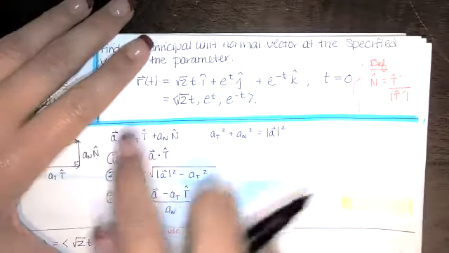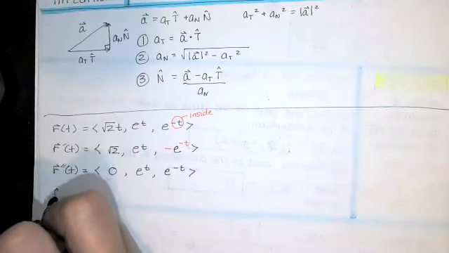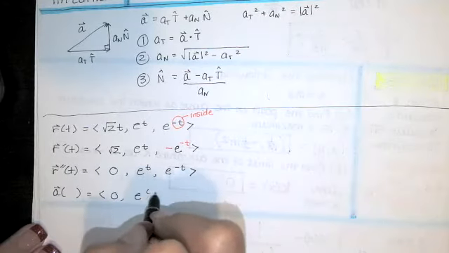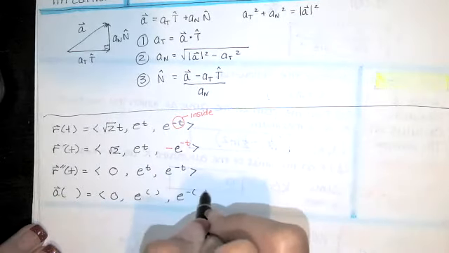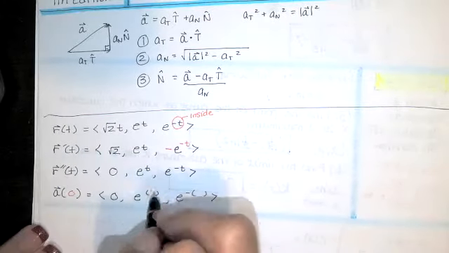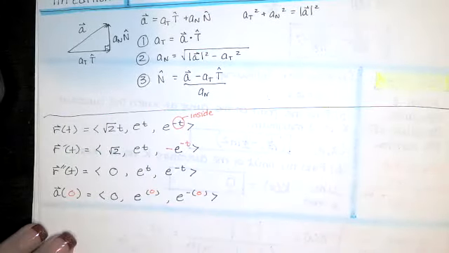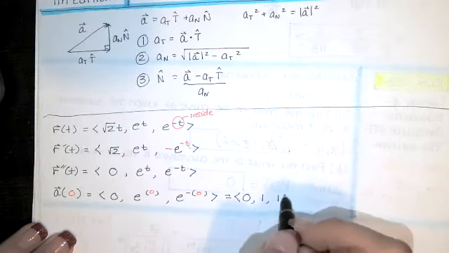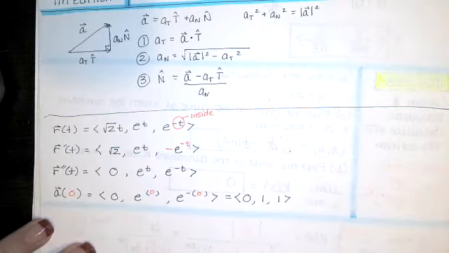We're going to evaluate all of these at time t equals 0, just by evaluating all of our components at t equals 0 and simplifying. E to the 0 is 1, and the opposite of 0 is 0. So we've got a vector with components 0, 1, and 1.